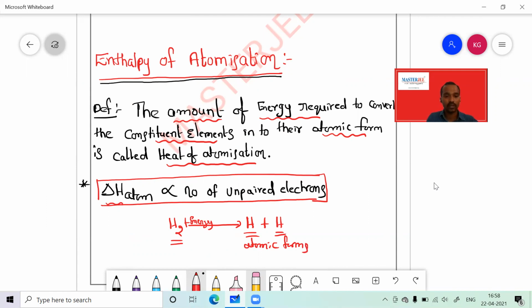This enthalpy of atomization depends on the number of unpaired electrons present in the particular species.